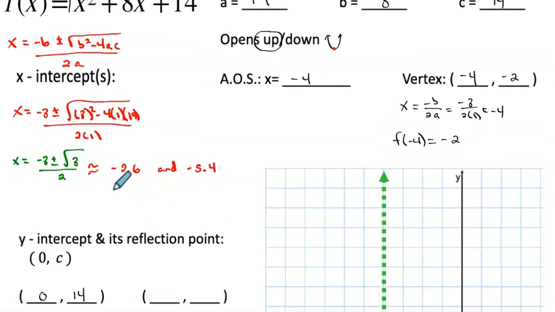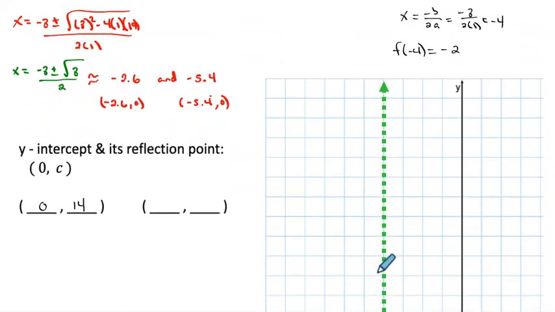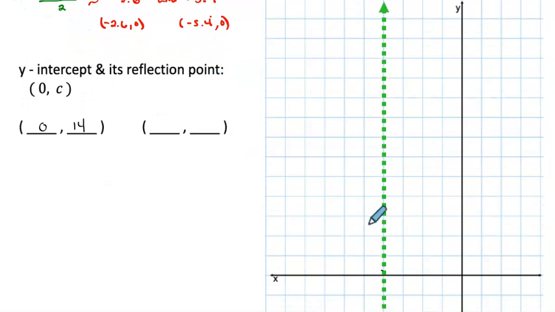So again, these are two coordinates: negative 2.6, 0, and negative 5.4, 0. And again, my vertex is at negative 4. Negative 2.6 and negative 5.4 are the same distance away from it.